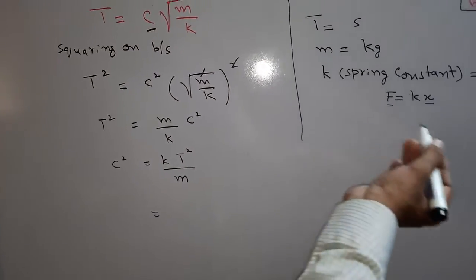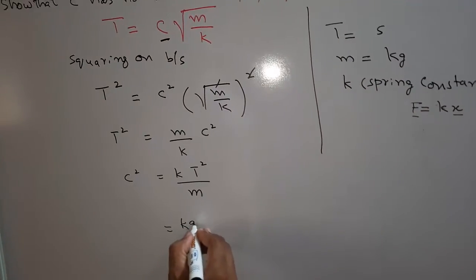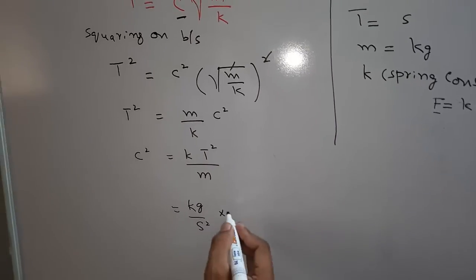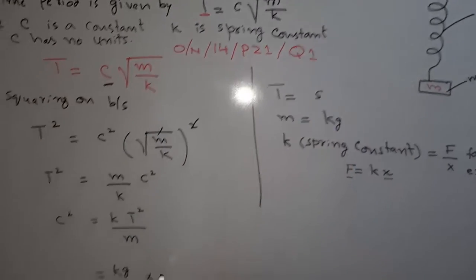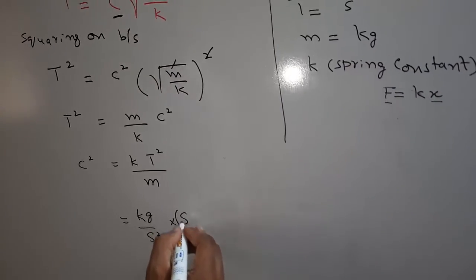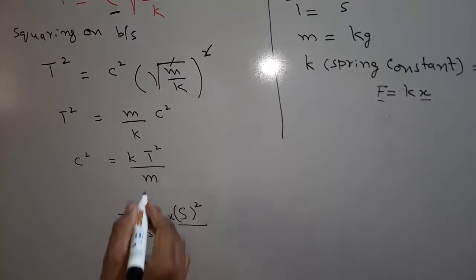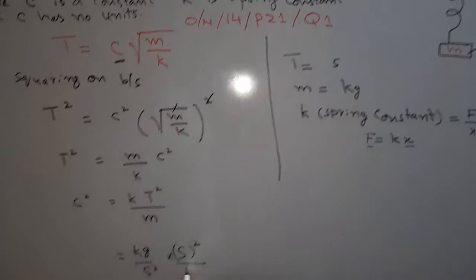K is the spring constant, which we can write as kilogram over second square. T is the time period, which we represent with second, but we do have a square. Over M, the mass, that is kilogram.